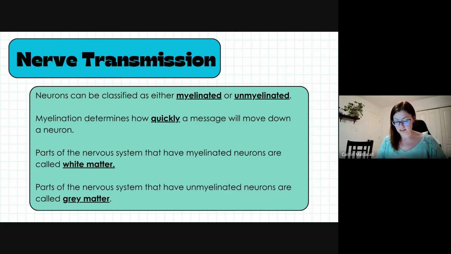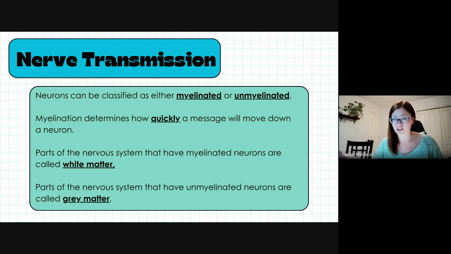And what the myelin does, one of the things it does anyways, is it helps to increase the speed of the nerve transmission. And I'm going to show you again on my other board what that looks like. But those nodes between those little Schwann cell bubbles, instead of the nerve impulse having to travel down the entire axon very, very slowly the whole way from dendrites to end plates, the myelinated axons, they're able to jump from node to node because the myelin helps to insulate the axons, which just helps to make the message go quicker.